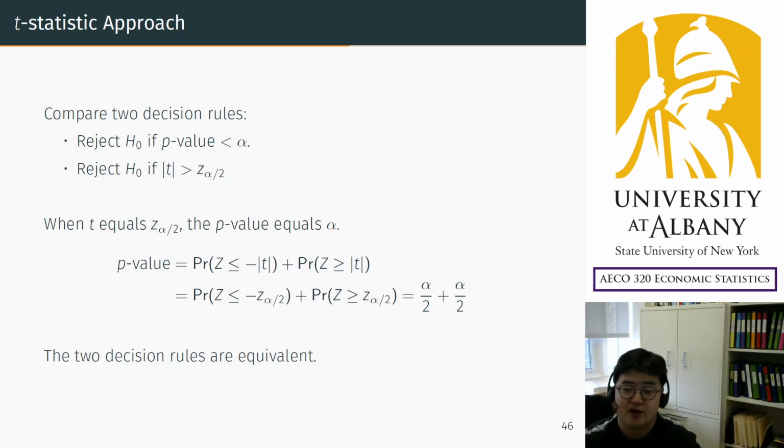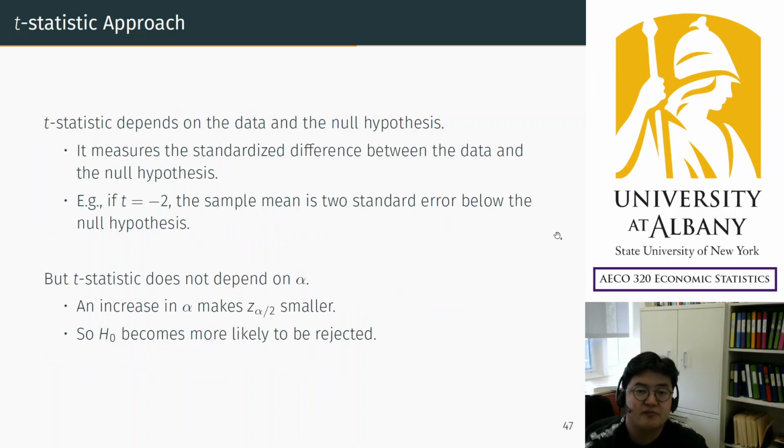They are constructed to be identical. And when you calculate the t-statistic, what you need is the same data and the null hypothesis, because you just need the standardized difference, but it does not depend on alpha. So these properties are similar to the p-value. Basically, it is kind of an incomplete product in the process of manufacturing the p-value, okay?